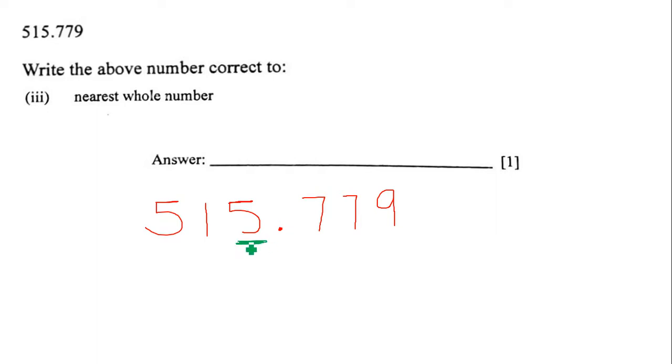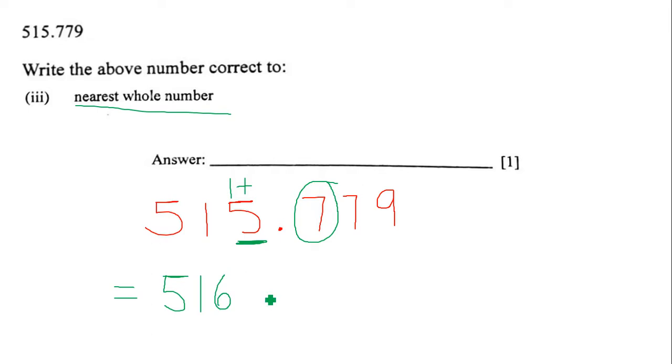We're going to look at the number to the right of 5, which is 7. Now 7 is greater than 5, so we add 1 because we're rounding up. And so written correct to the nearest whole number, this would be 516.